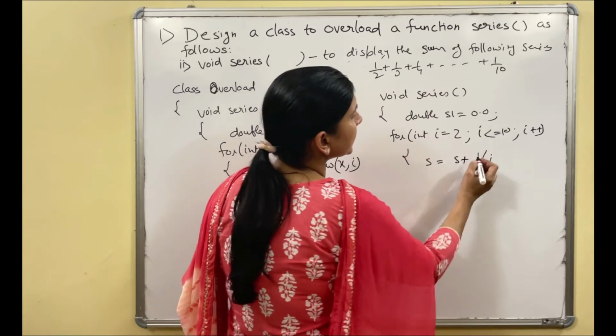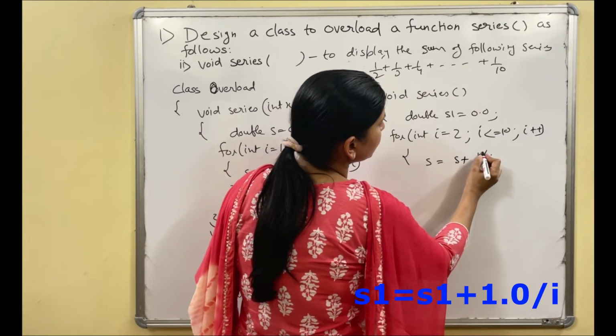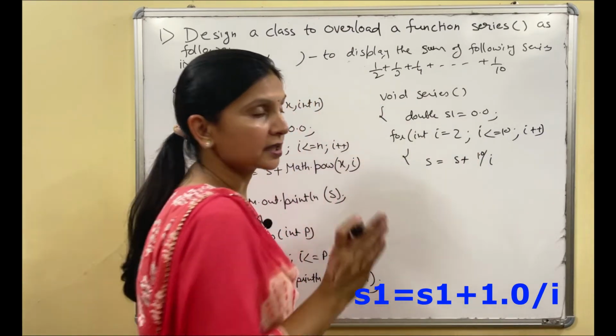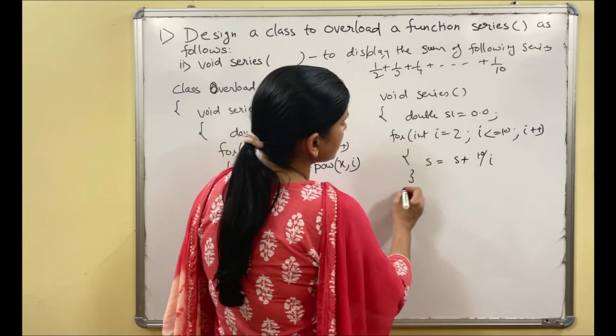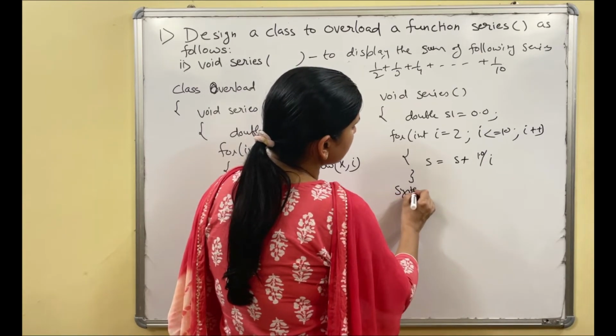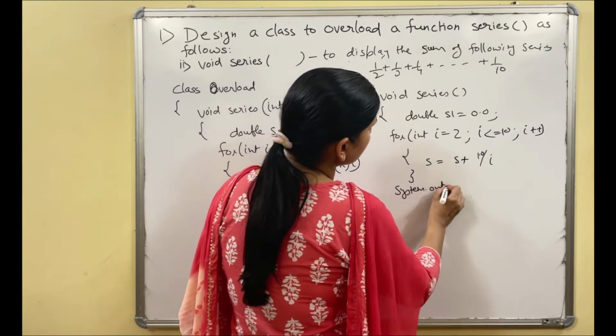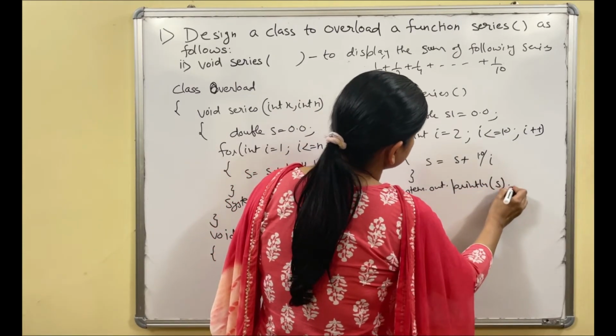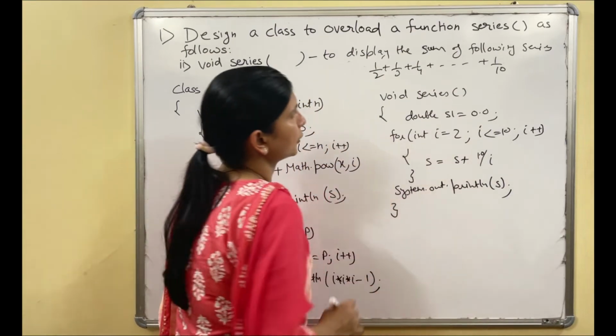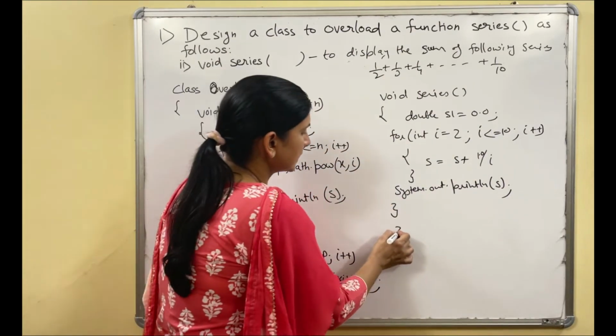To make it double, we will add 0.0, so 1.0 slash i. Close the for loop, and outside the loop we will display System.out.println(s), and then close the void function and the class.